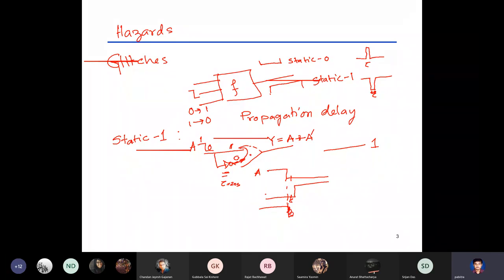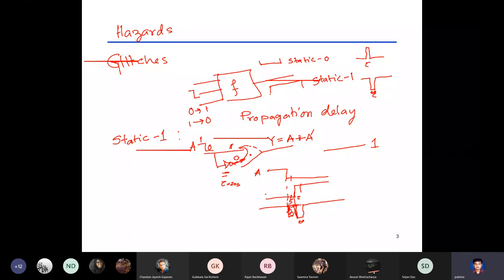So this will not immediately happen here, this will start somewhere here. Usually the NOT gate and the OR gate will have the same delay. So this will happen here, and this will go to 0. Then afterward, when it comes back with tau amount of delay again, this will be back to 1. So this is the glitch.